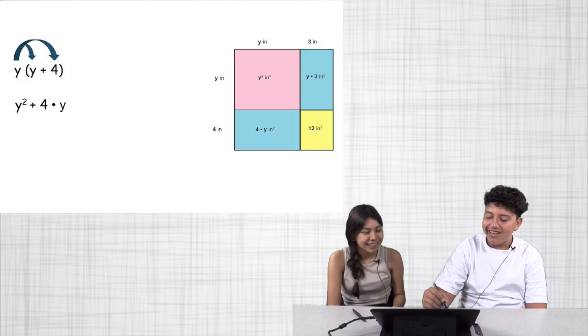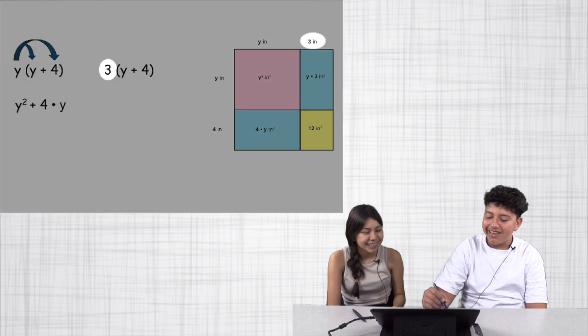To find the missing areas, they had to distribute again. They wrote 3 times the quantity y plus 4, which represented the width of 3 inches multiplied by the length of y plus 4 inches.